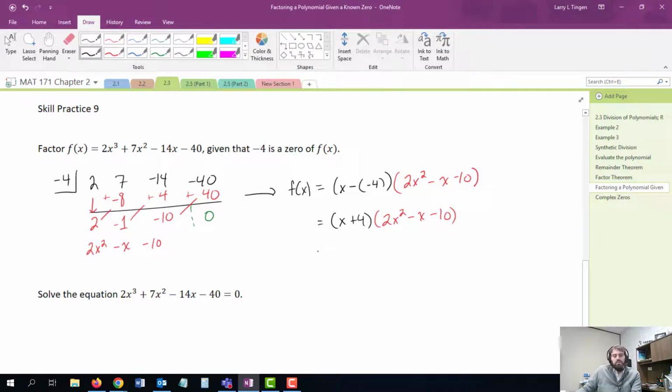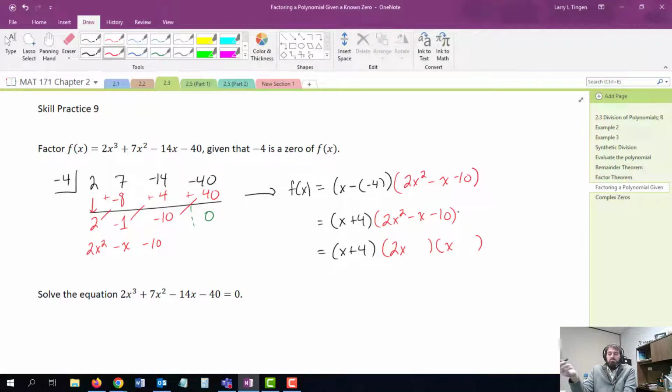If you want, try to follow along with me here. So that leading coefficient is not 1, but it is 2. The only way I'm going to get 2x squared is if, in my breakdown into binomials, one of them is 2x and one of them is x. All right? The last term has to multiply to negative 10. So two numbers that multiply to negative 10.